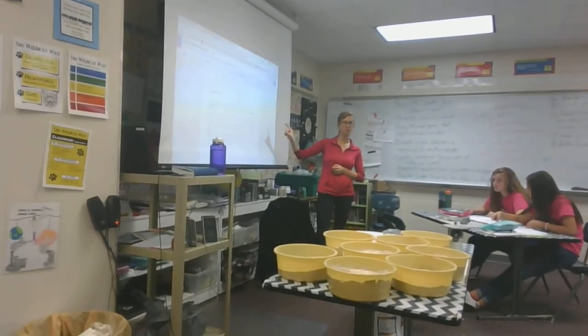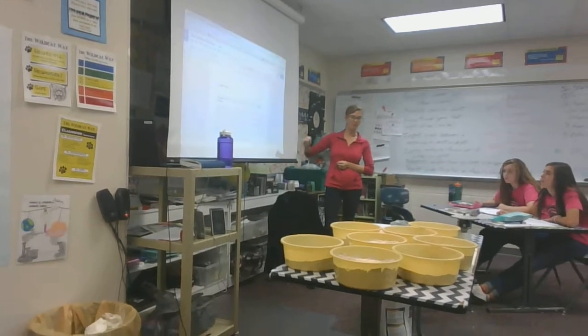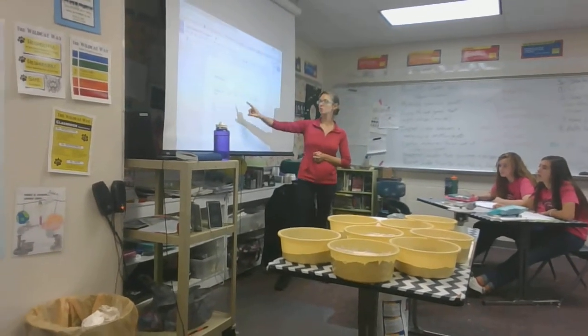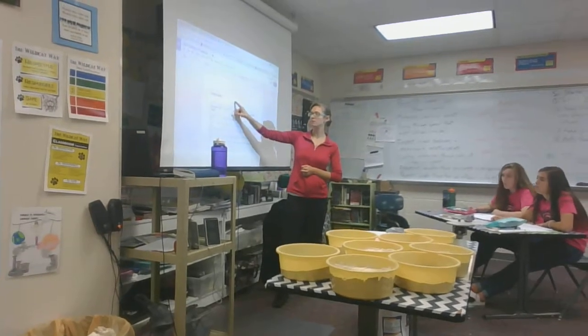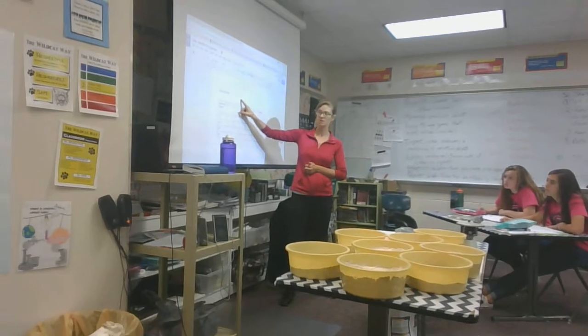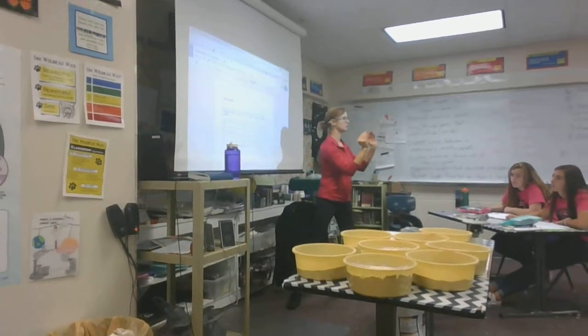So what I want you to do is create a chart based on your independent variable that's similar to this. You can do your dependent variable here. You say what it is. That's what it is having an effect on. Your independent variable, what do you think goes in the parentheses?